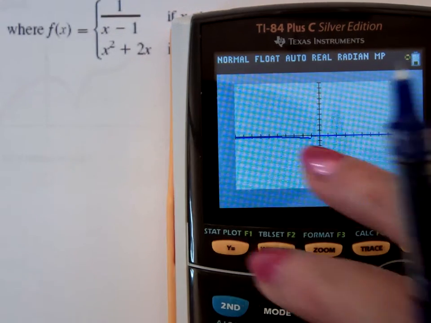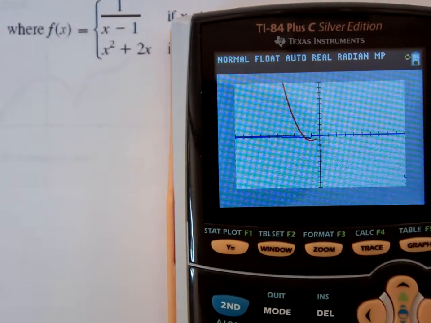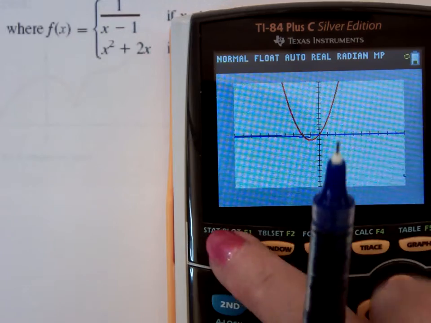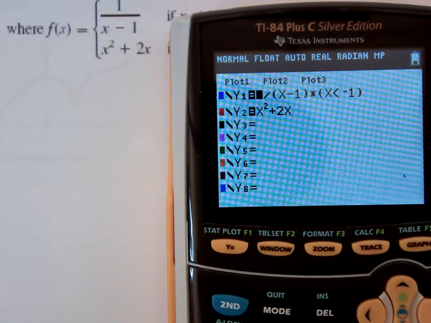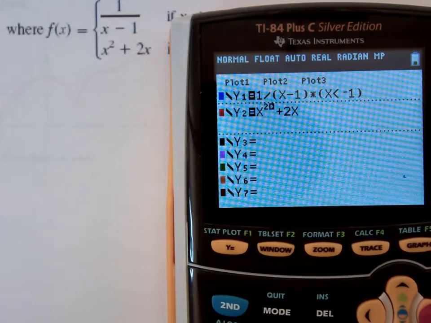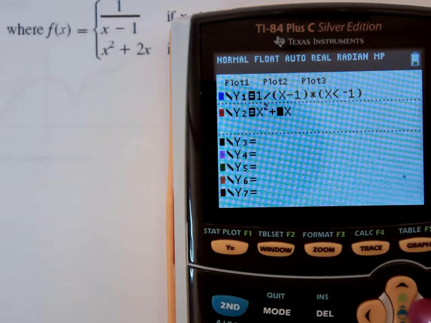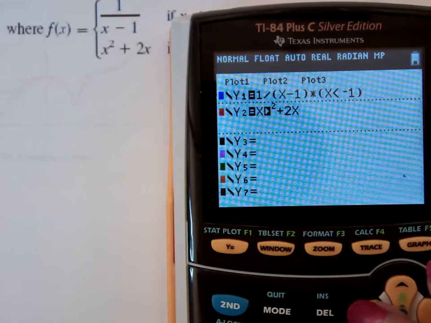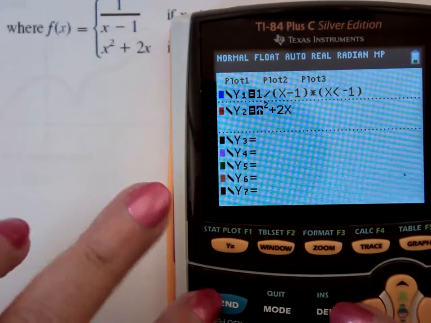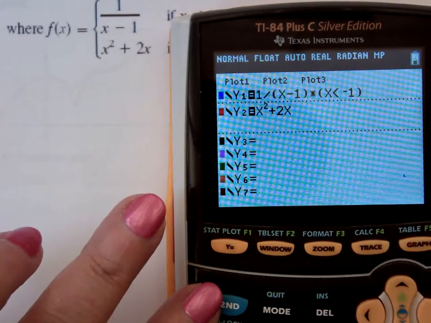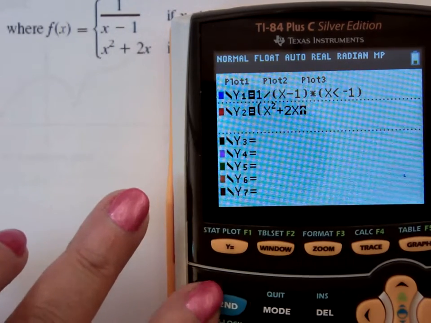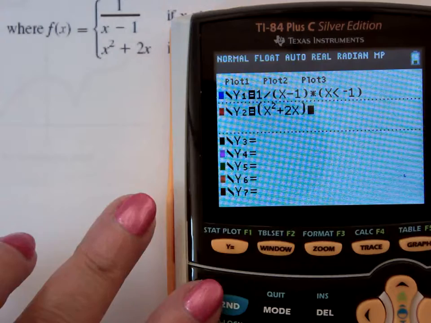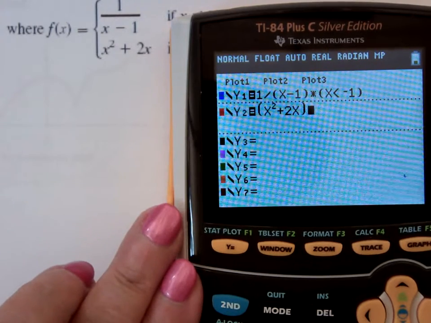Yep. And then multiply this. Been a while since I've done piecewise functions. Times.